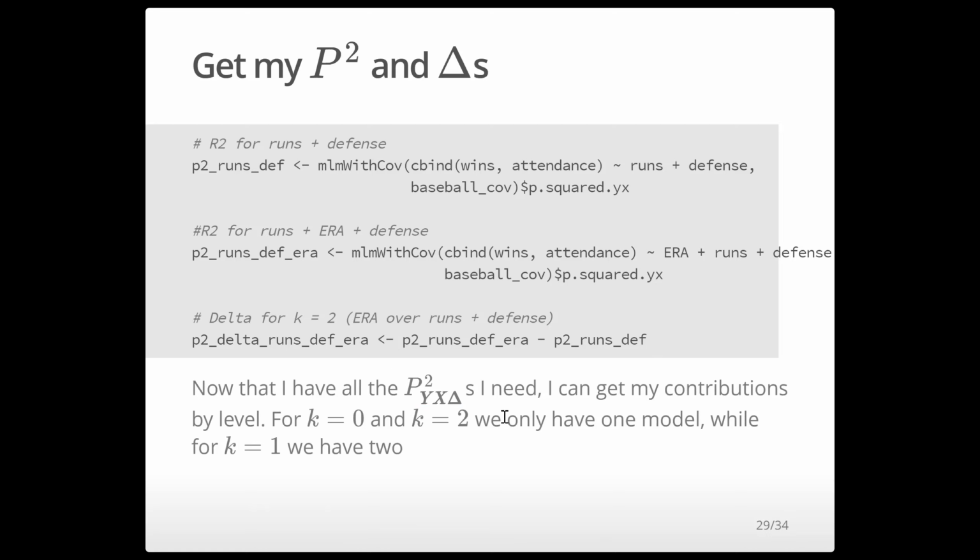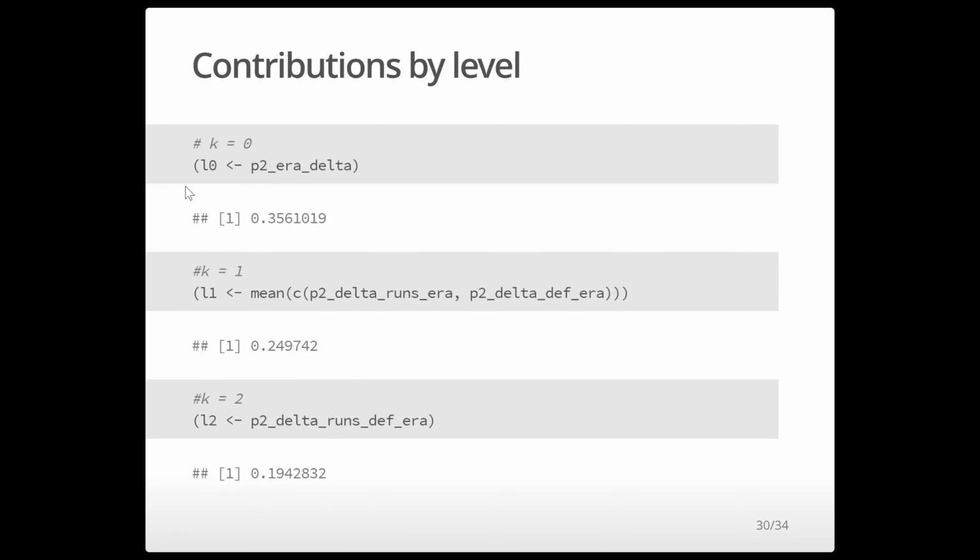For k equals 0 and k equals 2, we again only have one model. While for k equals 1, we have two models. So for k equals 0, my contribution by level is just the ERA delta. For k equals 1, I have to average the ERA over runs and ERA over defense.